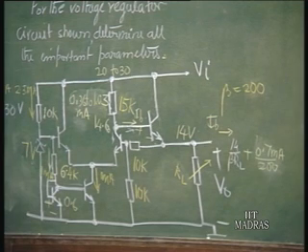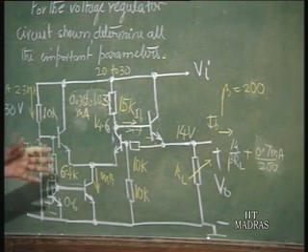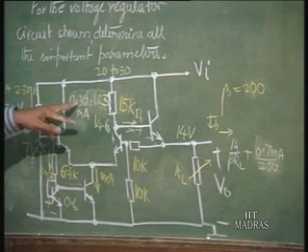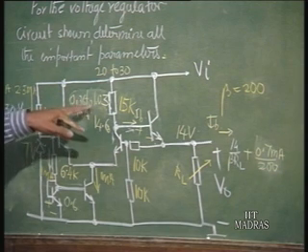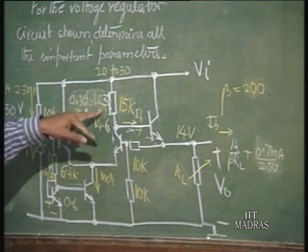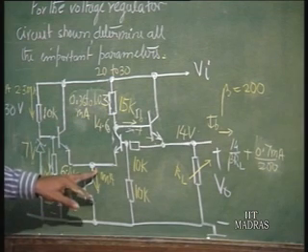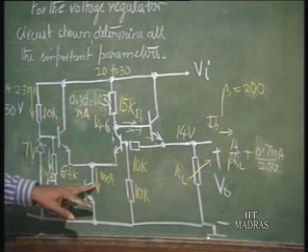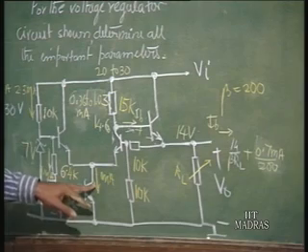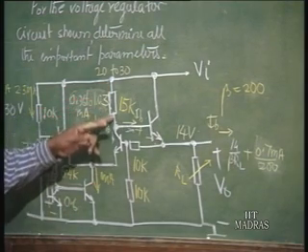Now, let us consider it should keep functioning at all times. This current is changing from 0.36 to 1.03. The current required for biasing this is totally equal to 1 milliampere. So, when this is 0.36, what can happen?